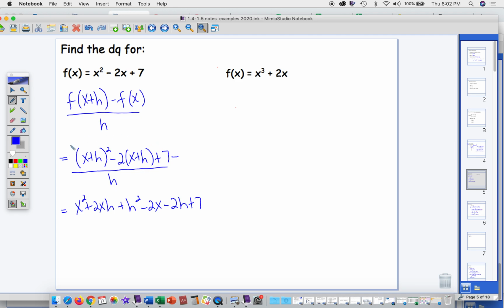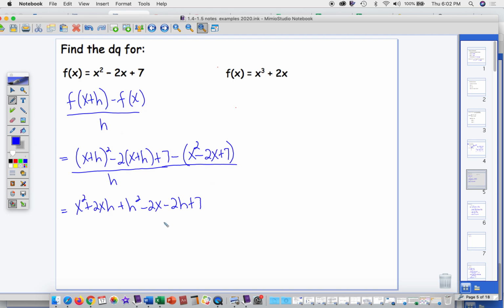This part here is just the f of x plus h. Now we need to do minus. I'm going to put parentheses so that I remember to distribute the rest of the function, where the original function is being subtracted from the f of x plus h.